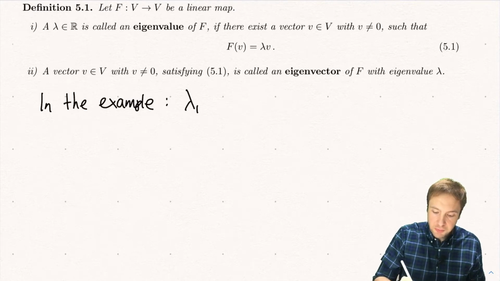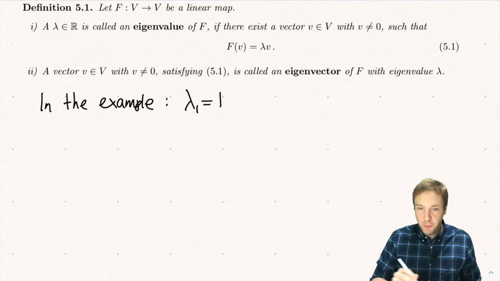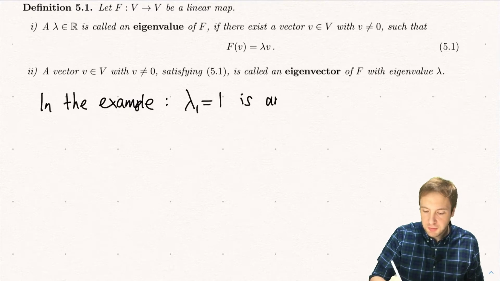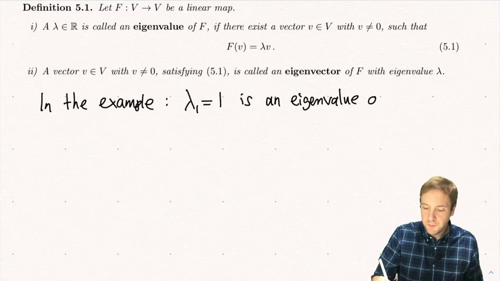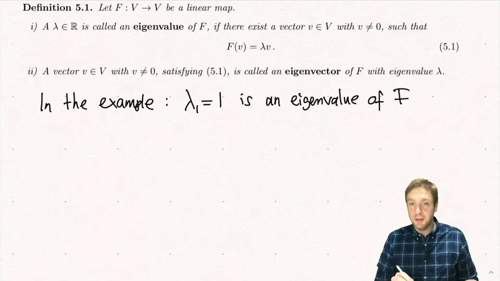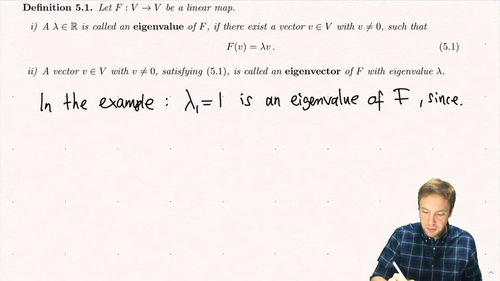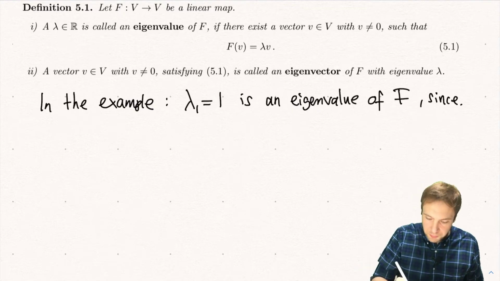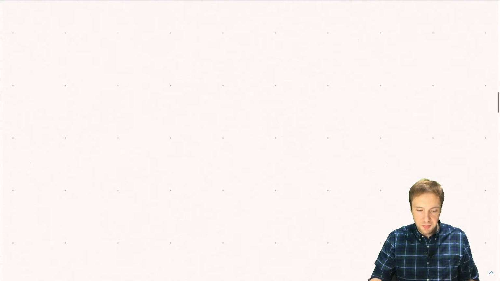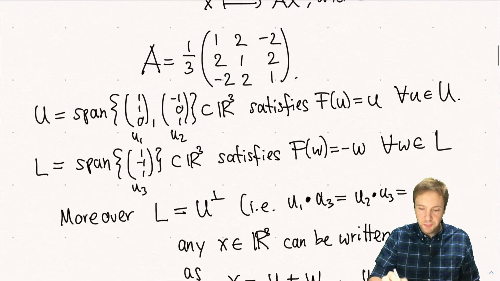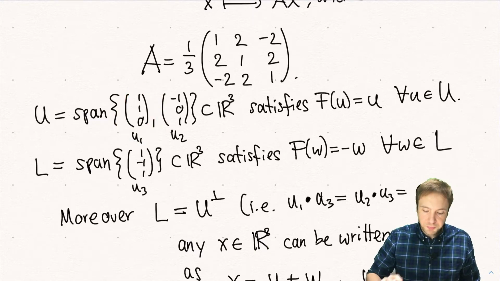One eigenvalue was given by 1, so this is an eigenvalue of the f in the example we did, since we could find a vector which is non-zero, for example this u1, which was just this vector here, and f of u1 was just u1.